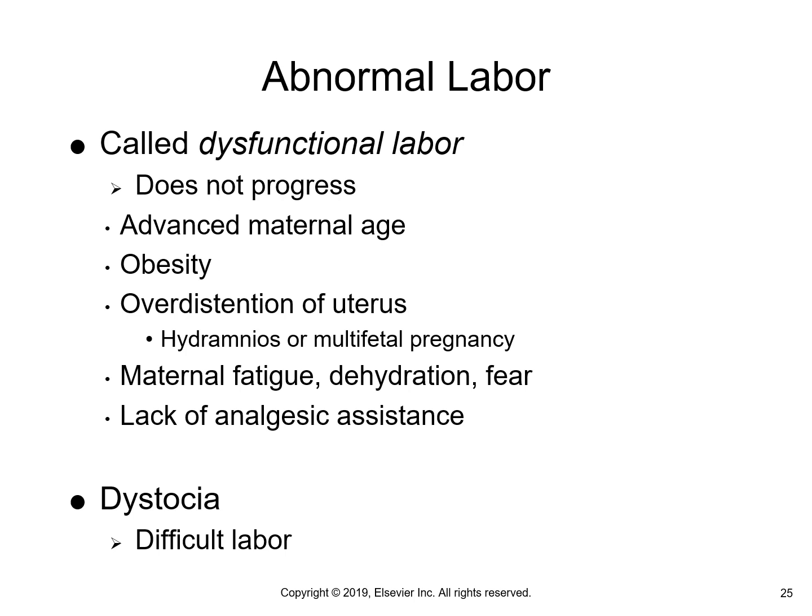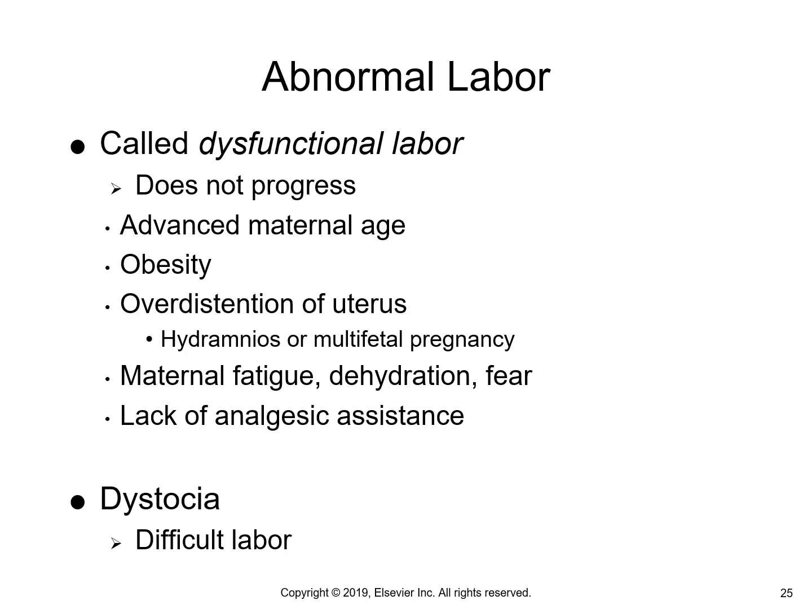Okay, what are the risk factors for dysfunctional labor? Advanced maternal age, obesity, over distension of the uterus, right? Because like we did talk about, if that uterus is distended, you would want the patient to empty their bladder so that the uterus can do what it needs to do during labor and birth.